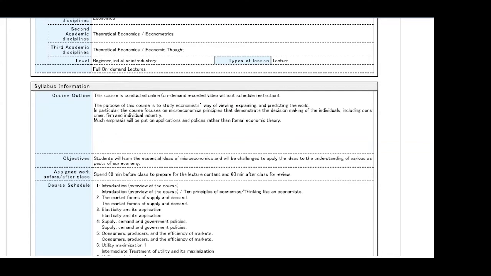I'm showing the syllabus on the main screen, and this one is the text in the original version, and this is the translated version in Japanese.